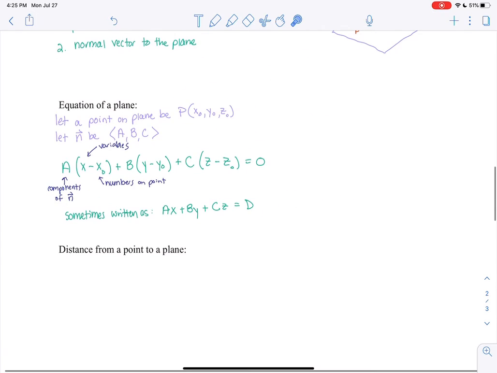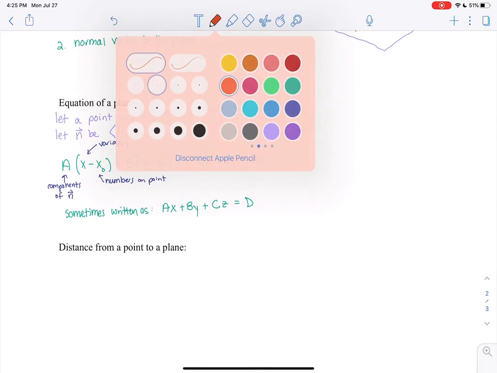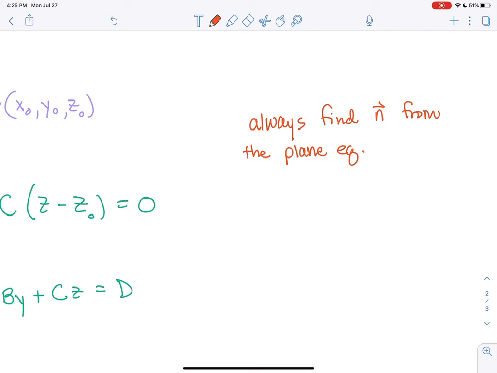Now you can notice that you can always find the normal vector from the equation because it is the coefficients of x, y, and z.